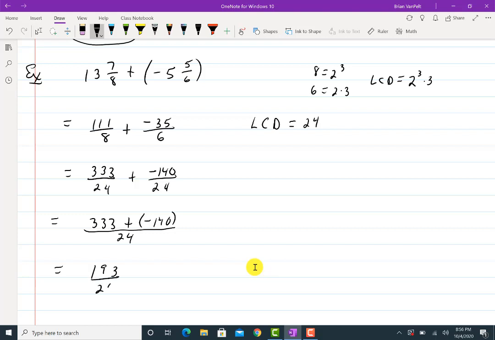And then I'll change that to a mixed number. And like so many of these other ones, the division is just plain one shot because 24 doesn't go into 19. I have to try to figure out how many times 24 goes into this thing. So let's start with 7.